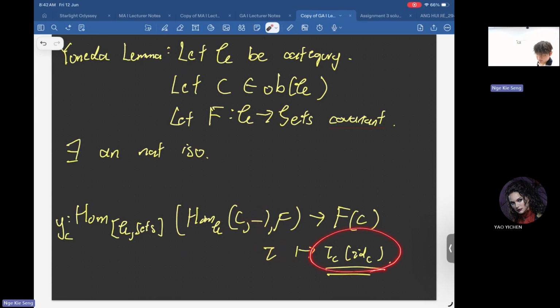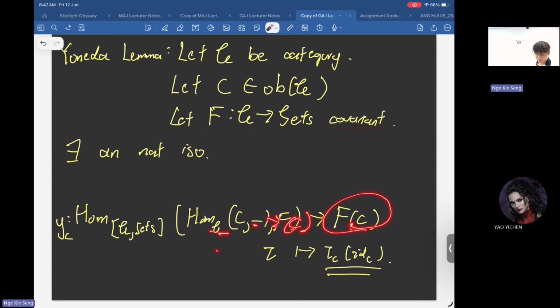Okay, so what's this notation here? So tau C, right? I apply C to this two functor here. So I got a map from home C to C and then to FC. Okay, and then what's the element that I pick up here in FC?